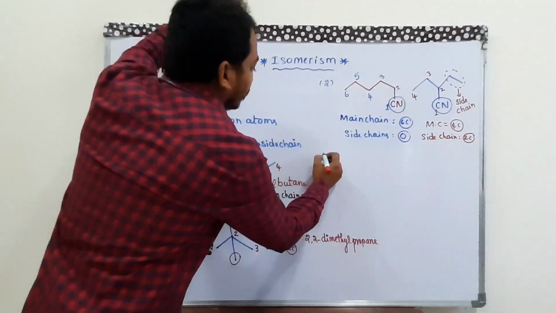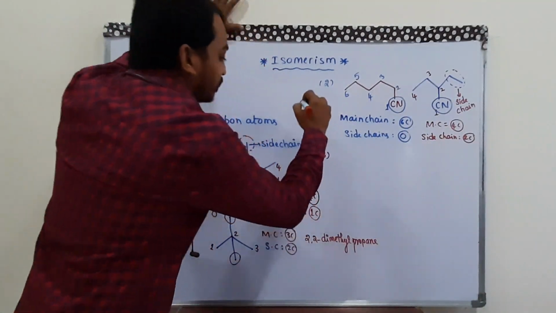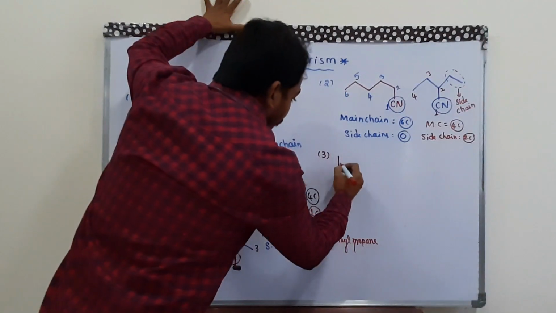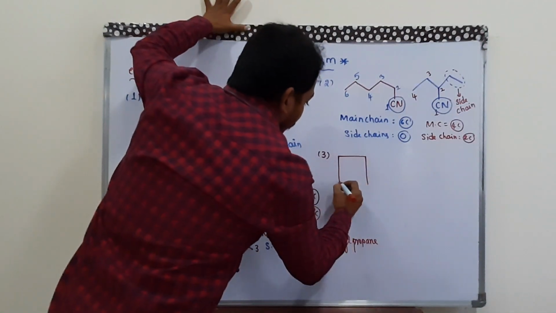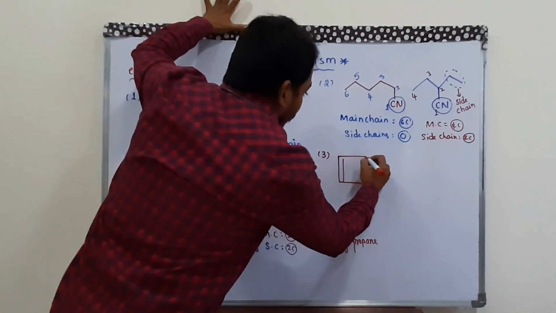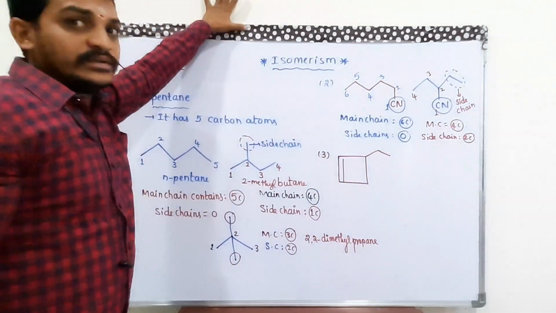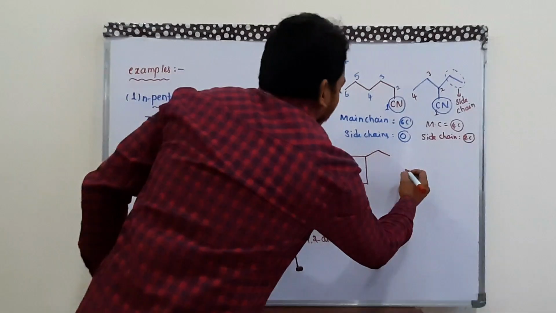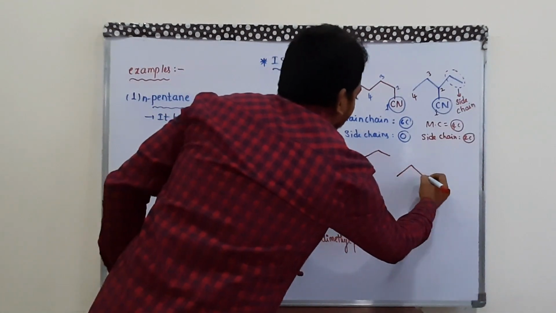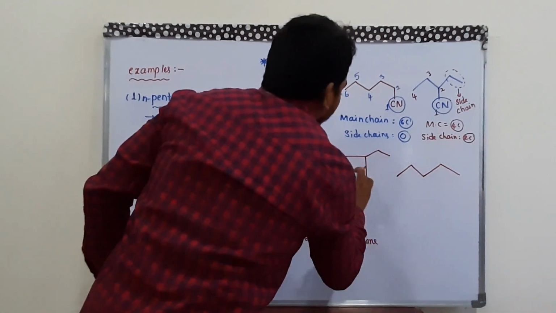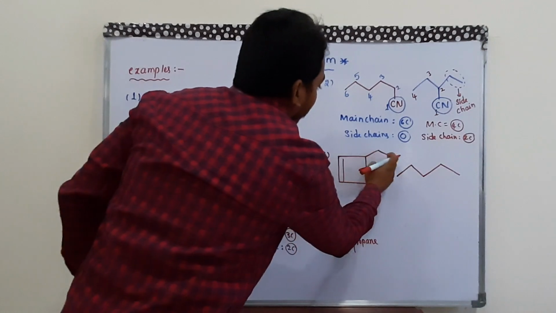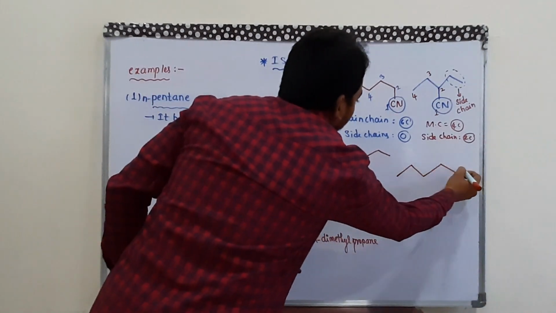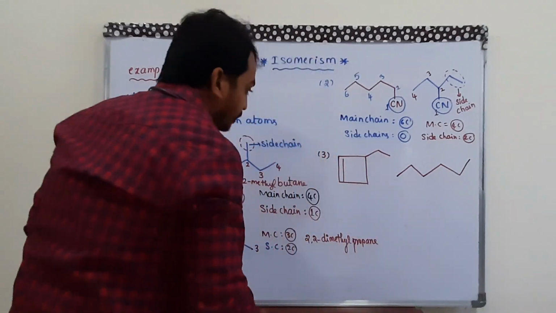Next, I want to discuss another example with you. And one more example. Here 1, 2, 3, 4, 5, 6 carbon atoms, and here 1, 2, 3, 4, 5 and also 6 carbon atoms.